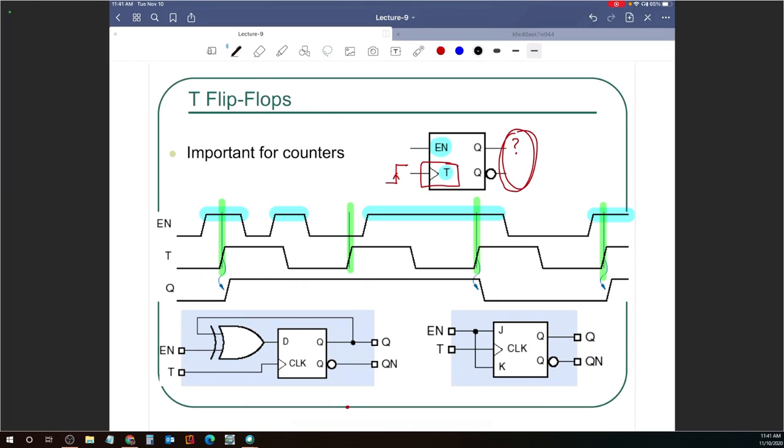So let us start. Assume that Q is 0 initially, you would have to make that assumption. And then if it is starting at 0, it toggles over here, right? Because you have the positive edge of the clock and it is enabled, so it's going to change here. At this time, there is a positive edge of the clock.